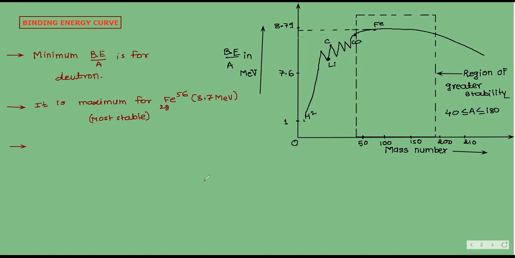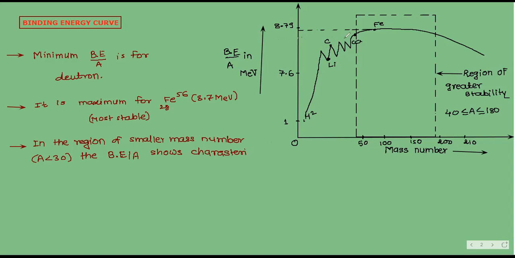Next point you can write about this graph. In the region of smaller mass numbers, means this region, that is A is less than 30, the binding energy per nucleon shows characteristic minima and maxima.